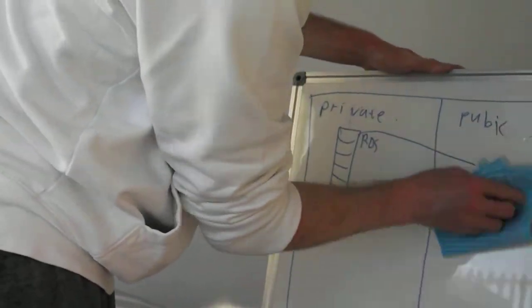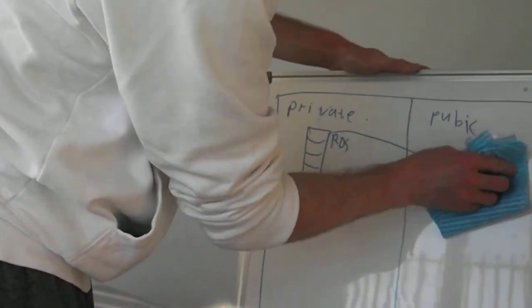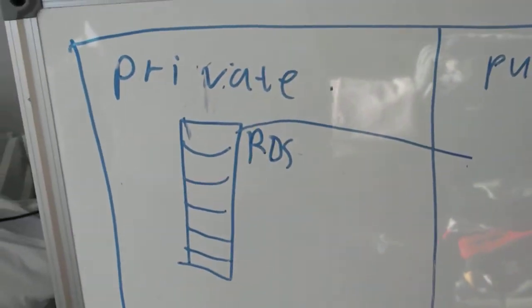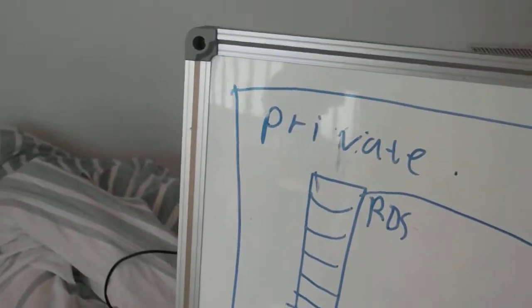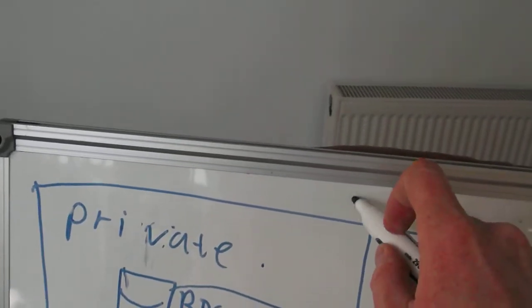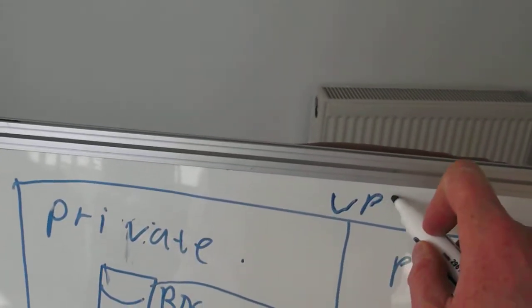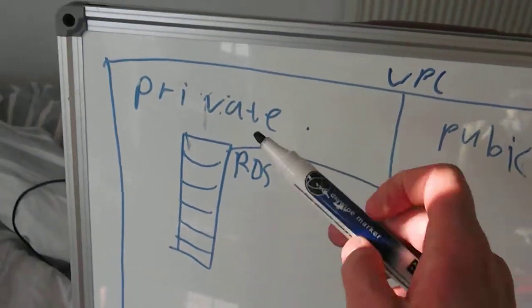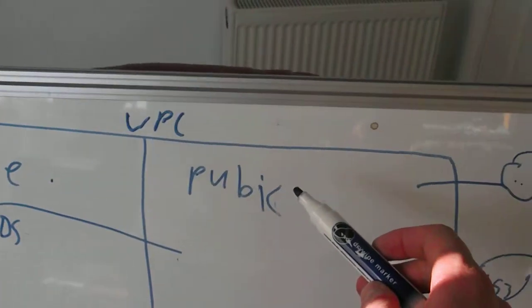So I've drawn a little bit here for you just to speed things up. But what we have here is a VPC, and we have a private subnet and a public subnet.